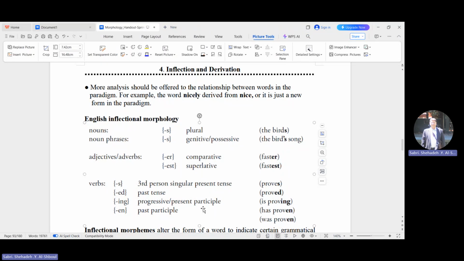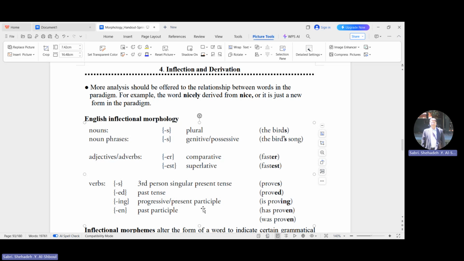Today we are going to talk about inflection and derivation. As we all know, before we get into this, we should know that morphology is the branch of linguistics that is concerned with the structure and formation of words. It distinguishes between two primary types of morphological processes, derivation and inflection.